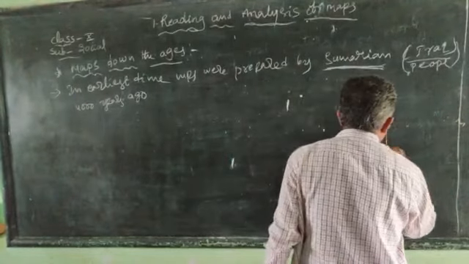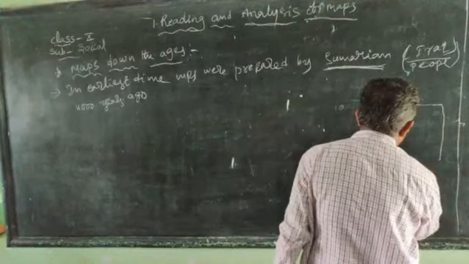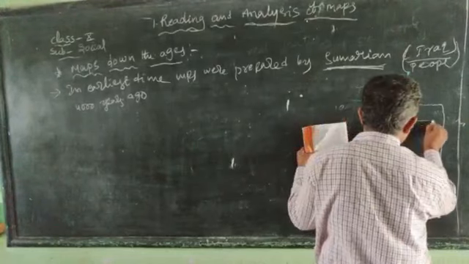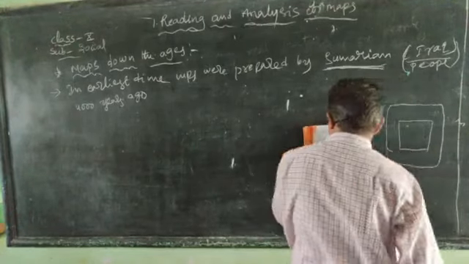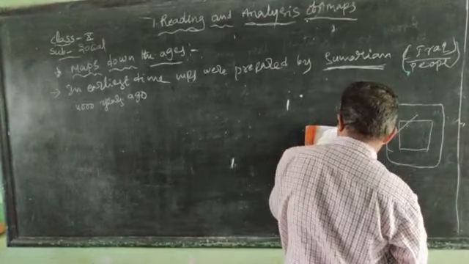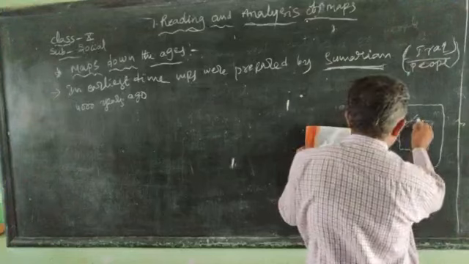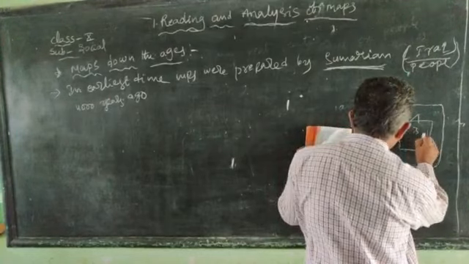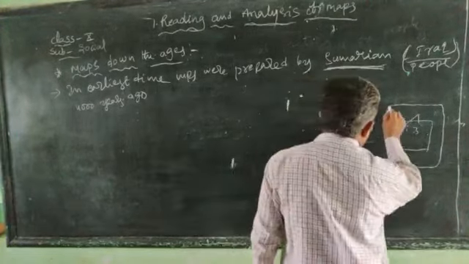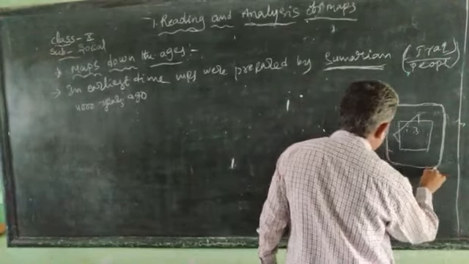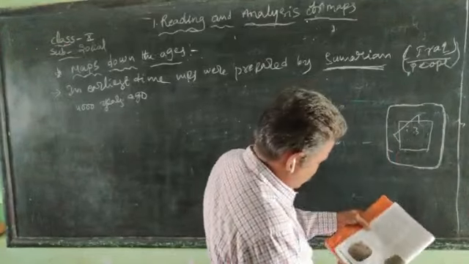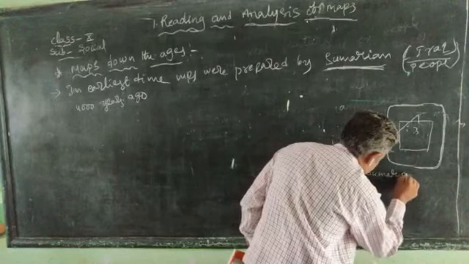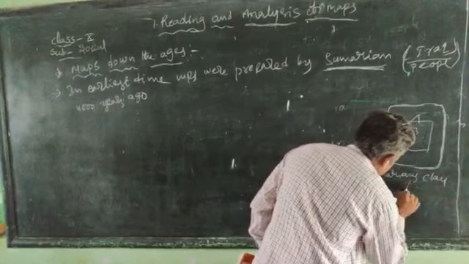Here they mentioned the map, and they also mentioned some symbols here, right? This is the Sumerian clay tablet.